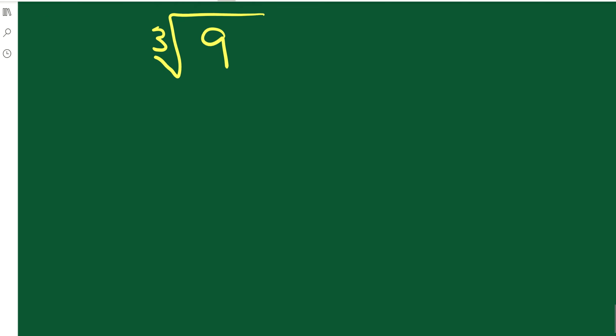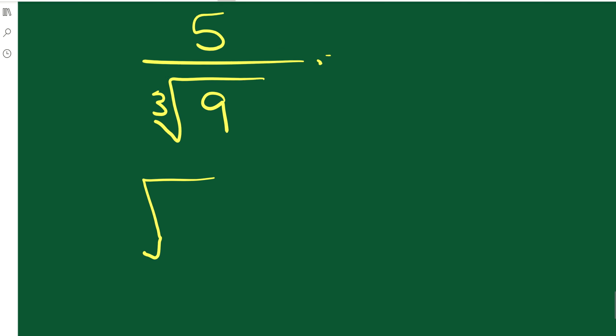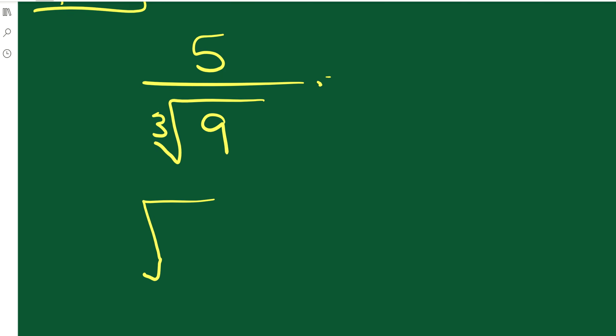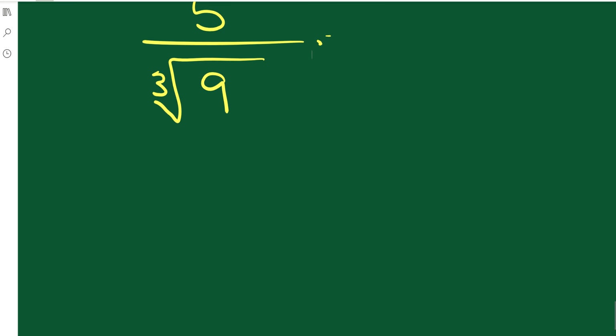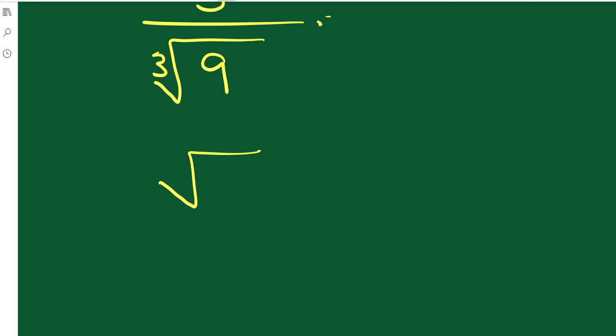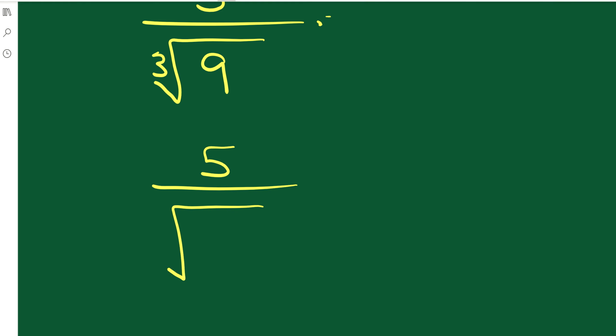So I've got 5 over the cube root of 3 to the second power. Now, because I'm dealing with a third root, I've only got 2 3's there, so I've got to multiply it by another 3.